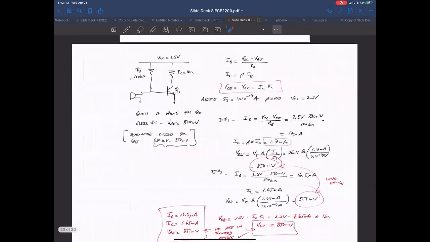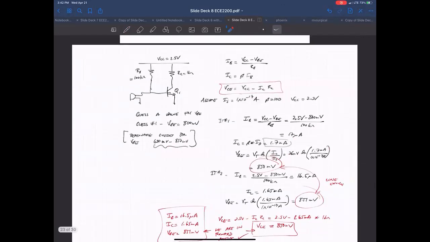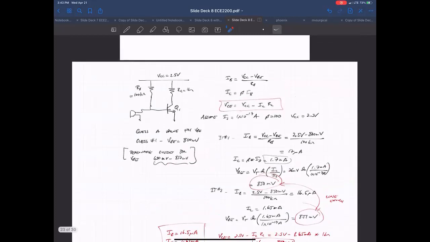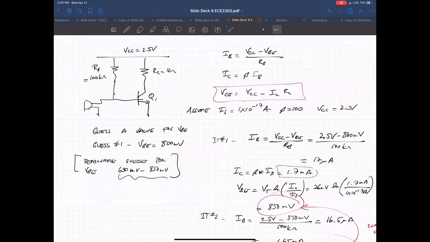And the reason for that is because of process variations and manufacturing variations. So let's take, for example, looking at this parameter beta, which is basically the gain between the collector current and the base current. So we said beta is equal to 100.